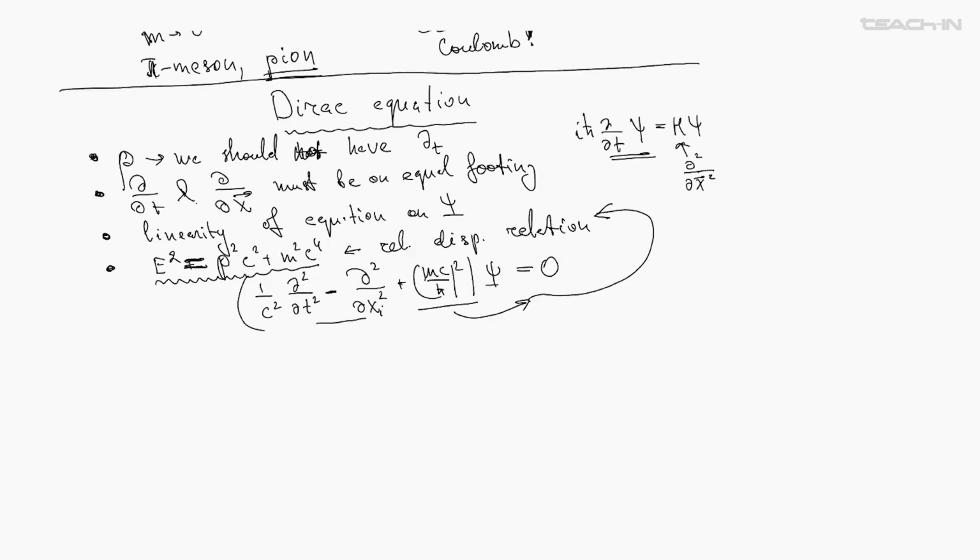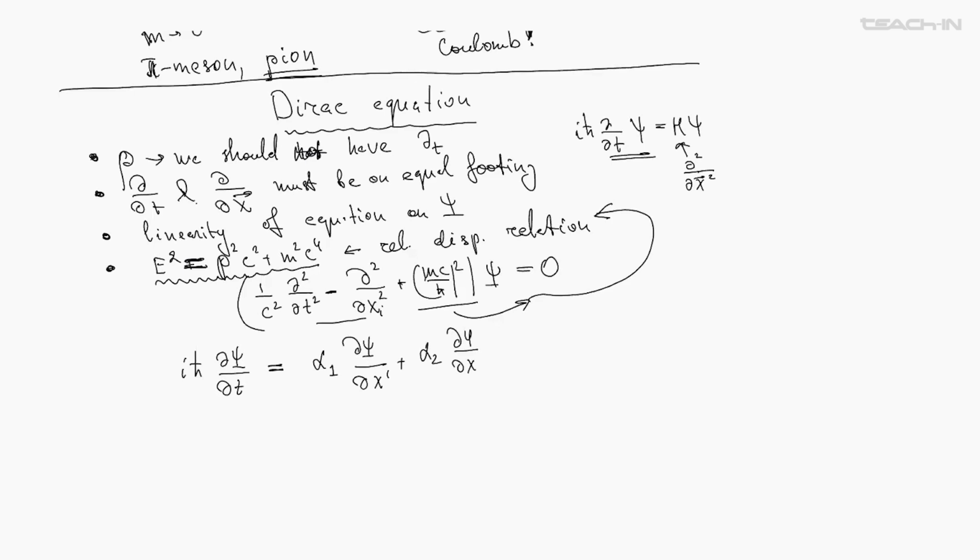I could write i h bar d psi over dt. So the beginning is the same as in the Schrödinger equation. On the right-hand side, all that I can do is a linear combination of first-order derivatives: alpha 1 d psi over dx1 plus alpha 2 d psi over dx2 plus alpha 3 d psi over dx3.